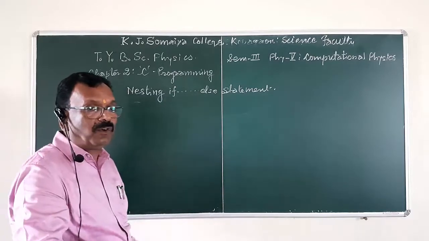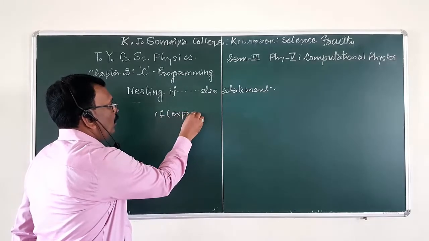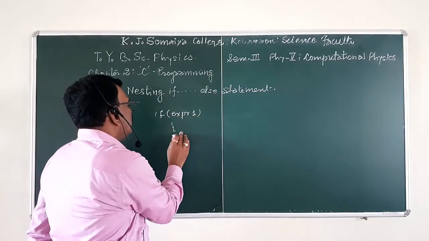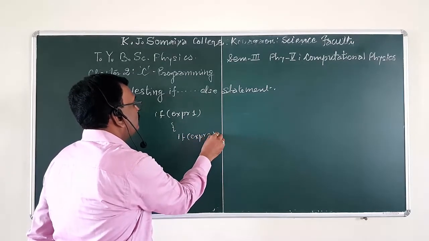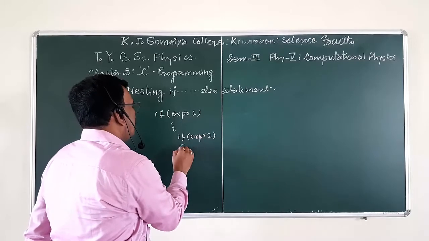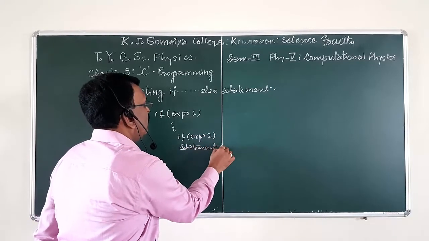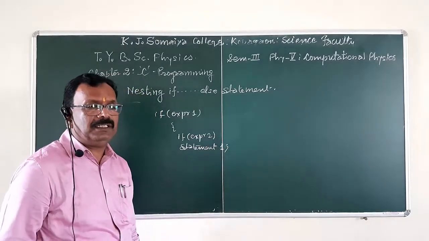Now the third form: if expression 1, here again we are going to use braces, if expression 2, then statement 1. Remember that after the inner if statement, we have to terminate it.